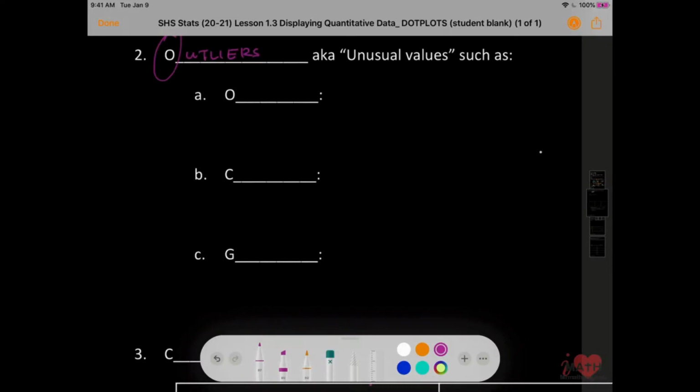They're also known as unusual values. Outliers are values unlike the rest. They're just different.